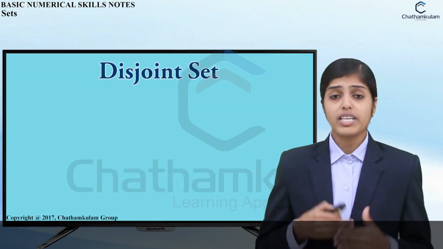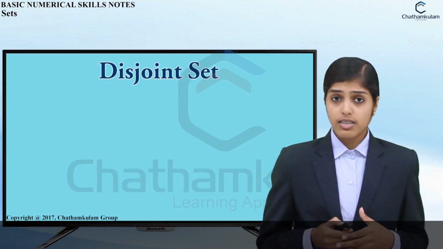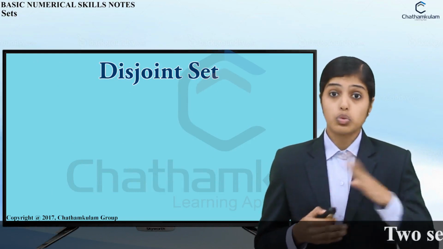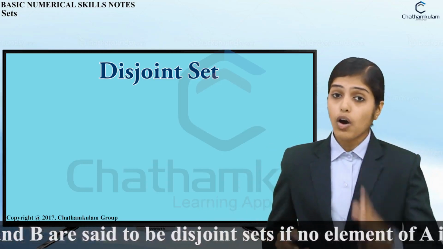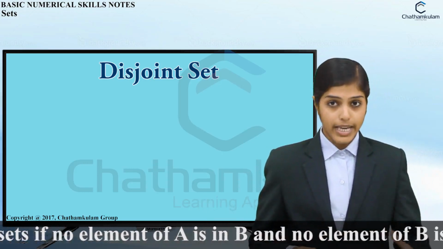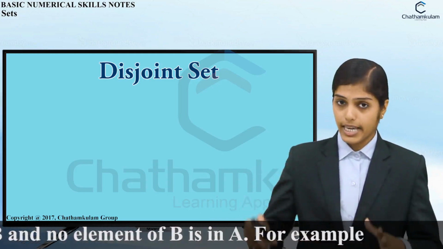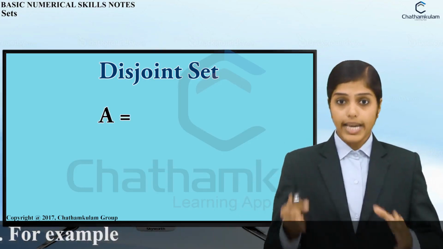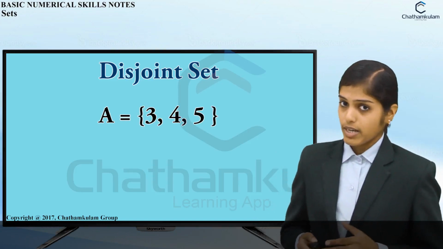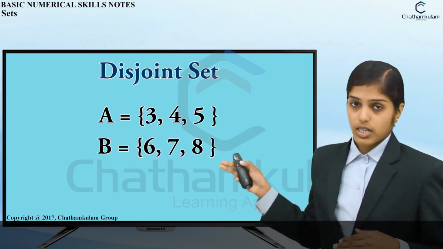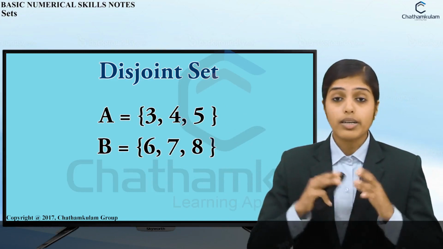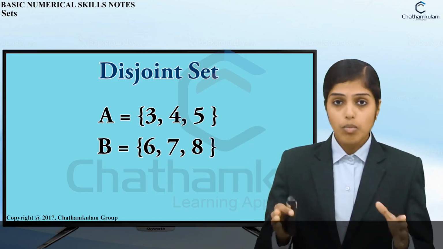Disjoint set. So what is a disjoint set? Two sets A and B are said to be disjoint sets if no element of A is in B and no element of B is in A. Take for example, set A is equal to {3, 4, 5} and set B is equal to {6, 7, 8}. Here A is not equal to B, and they are disjoint sets.